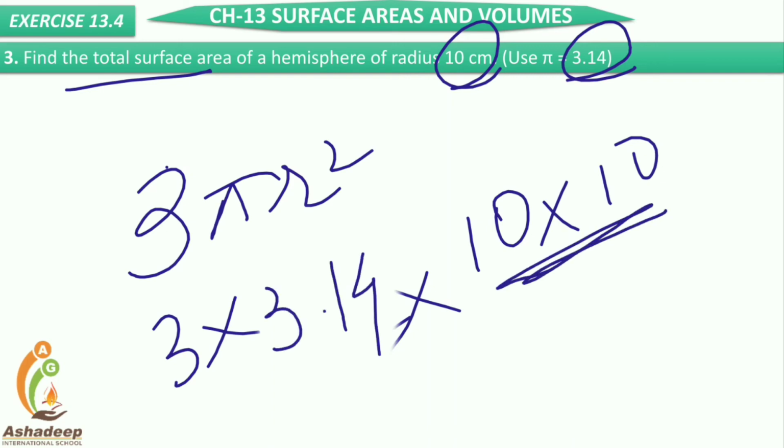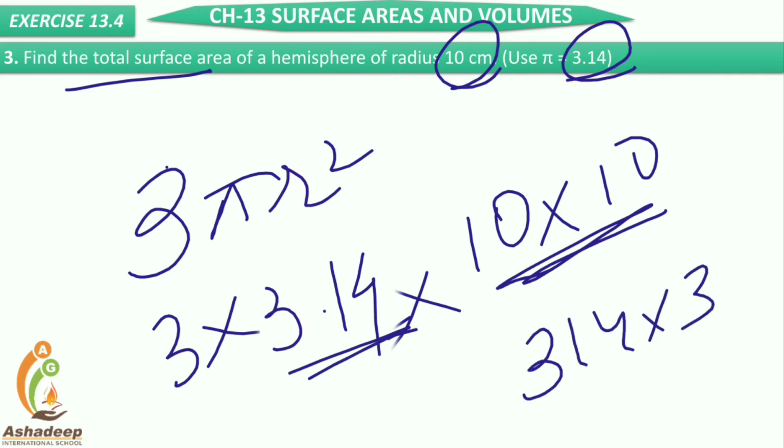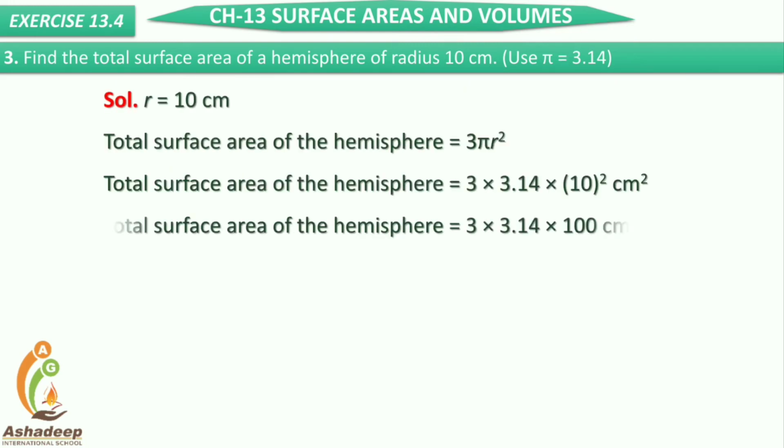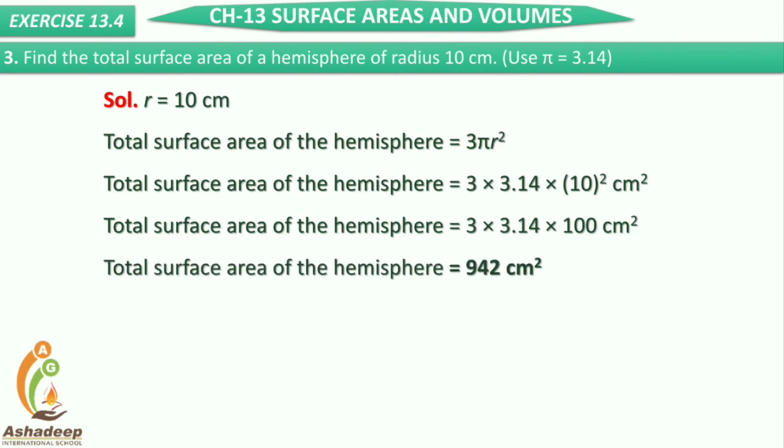This is 100 into 3.14, so it's 314 multiplied by 3. 3 4s are 12, 3 1s are 3 plus 1 is 4, and 3 3s are 9. So 942 is your answer. See, so 942 square centimeter is your answer.